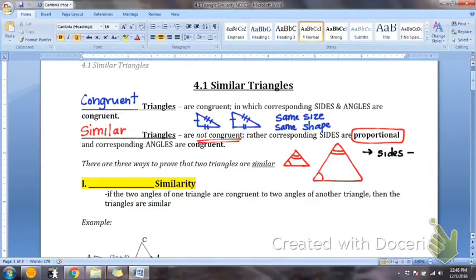I'm sorry, angles are congruent. Sorry. It's Monday. Angles are congruent, but sides are not congruent. So we say that they are similar.